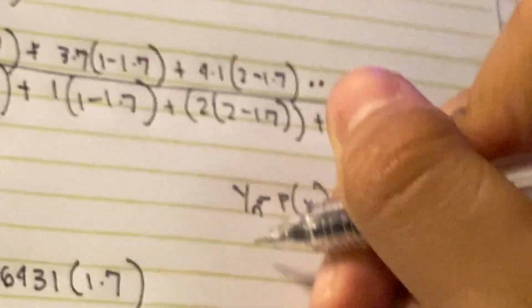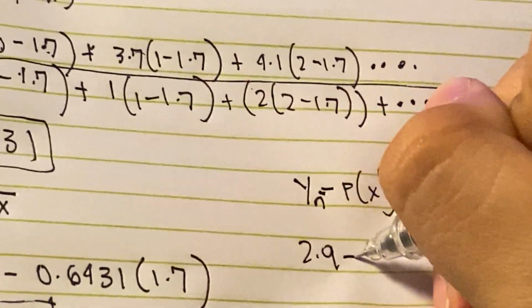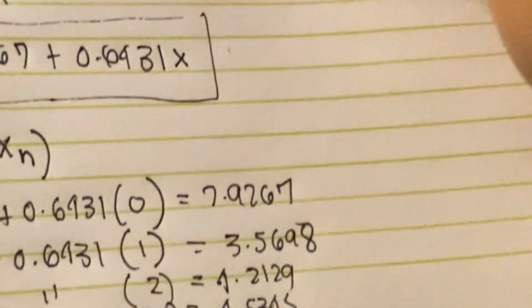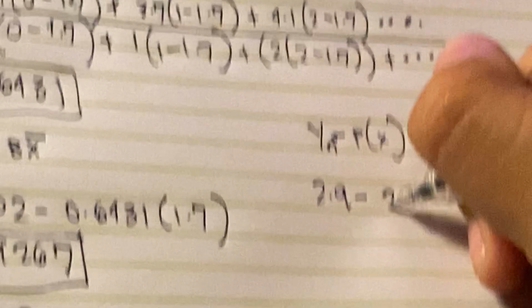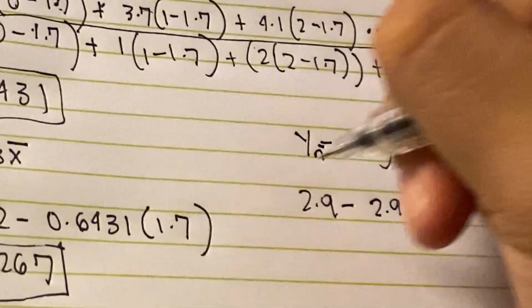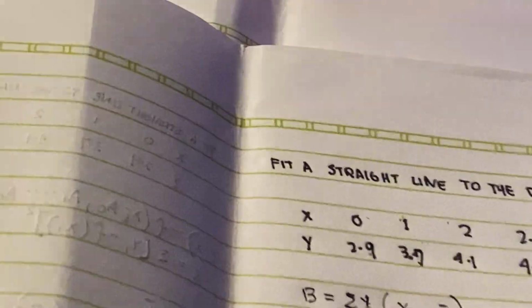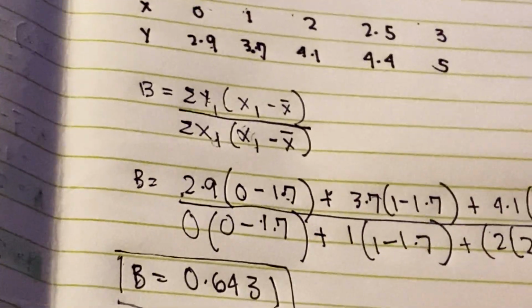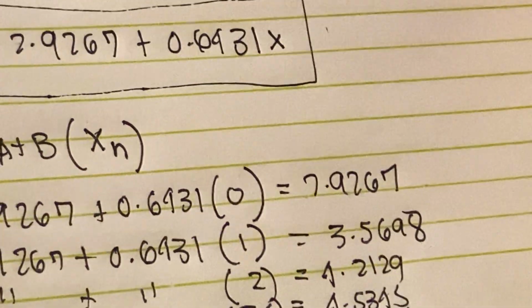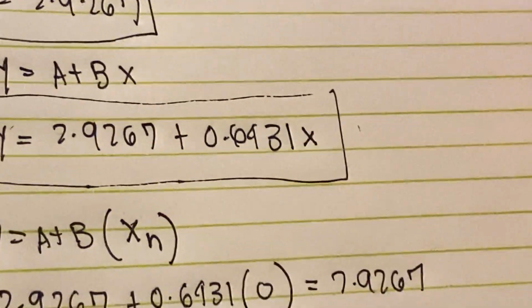Y observations, lahat ng observations sa y. So, let's start with the first, which is 2.9 minus 2.9267. Yung second observation, which is 3.7 minus 3.5698.